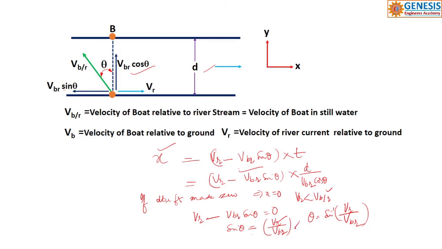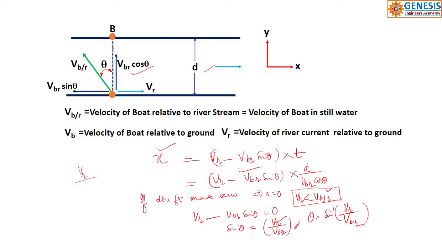What caution should be taken? In this case, the velocity of the river flowing must be less than the velocity of the boat relative to the river. Otherwise, if VR is more than that, the river is flowing at a higher speed and he could not cross this point.